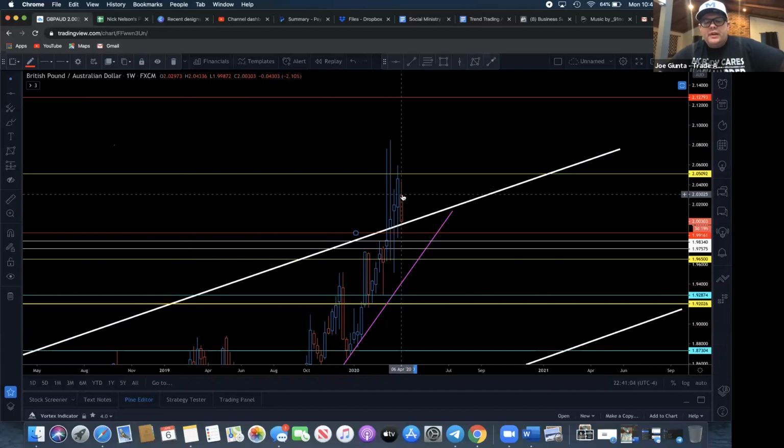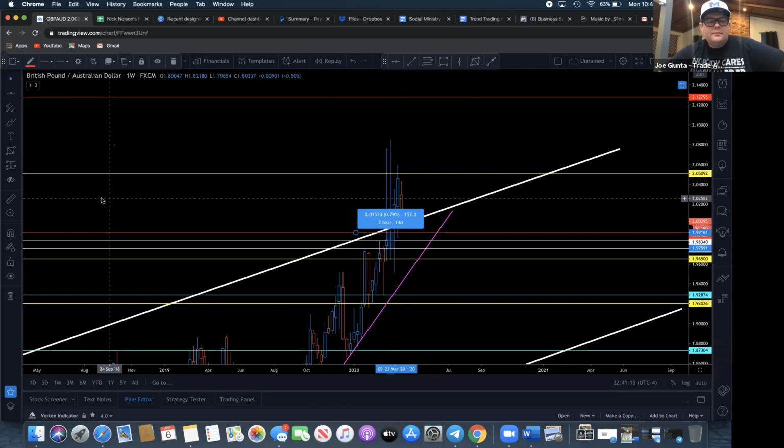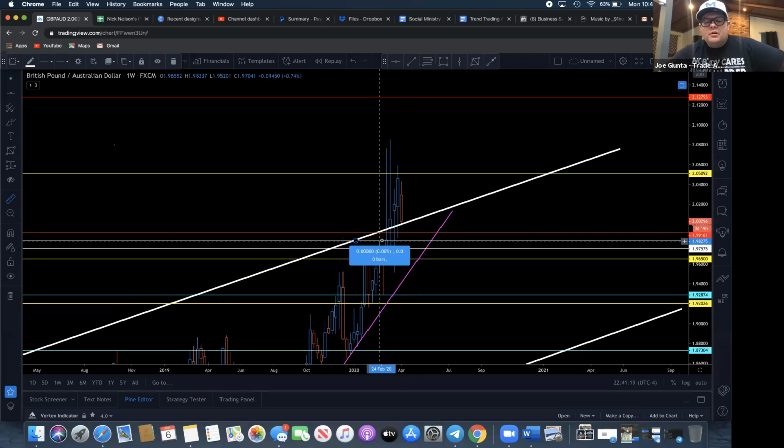If we get a red candle that closes here, we're going to take two measurements. We're going to take a measurement from normal to close, 157 pips. And another measurement from the top of the normal to close, 92 pips.